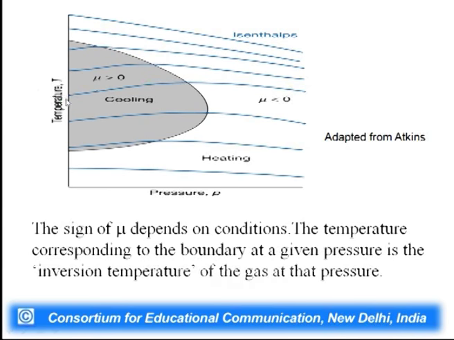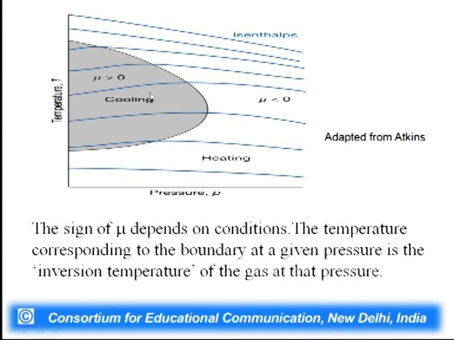Now, you see this here, your T versus P. This is an expansion experiment, and you can see that initially there is an increase in the value of temperature with increase in pressure, whereas later there is a decrease in the temperature with pressure. The temperature corresponding to the boundary at a given pressure is called the inversion temperature of the gas at that pressure.